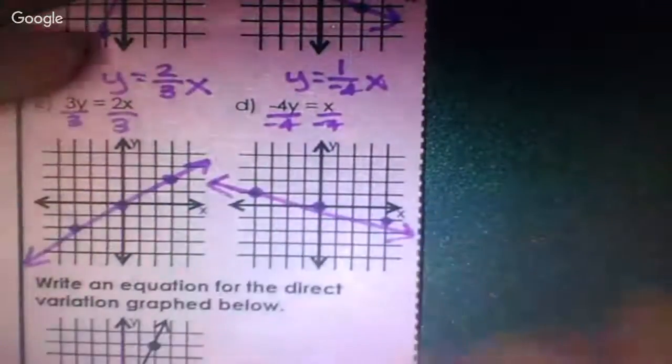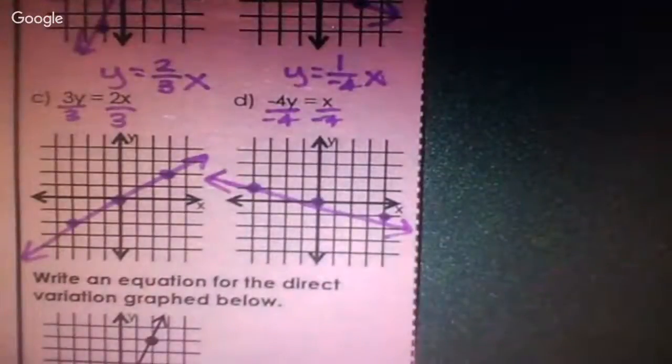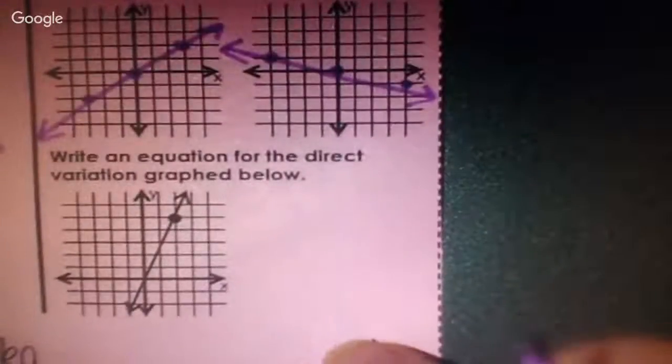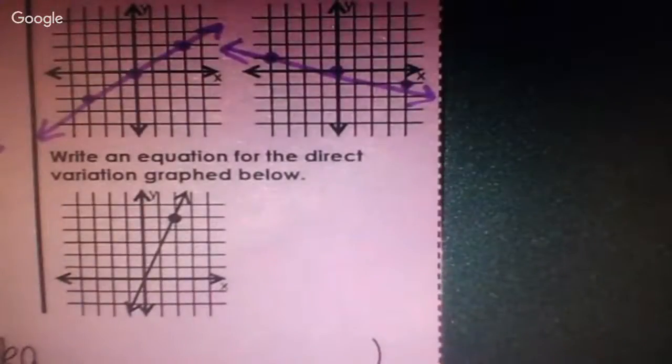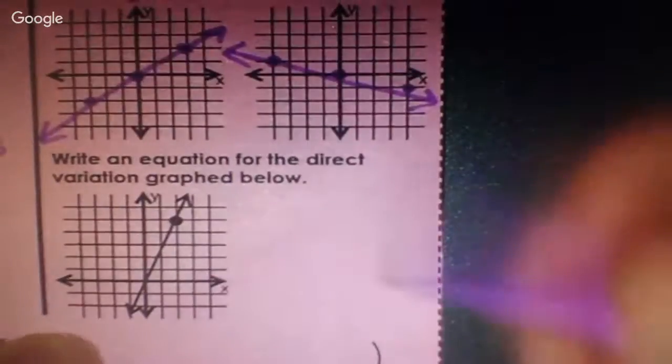My line is so off on that one. Okay, this last one. First off, how do I know it's direct variation? It starts at the origin. Okay, how do I find my constant? Count from here.